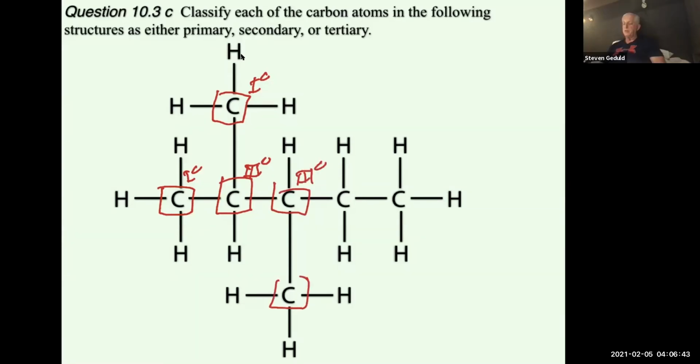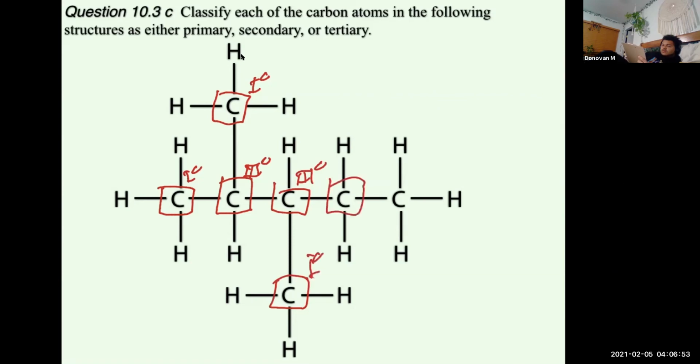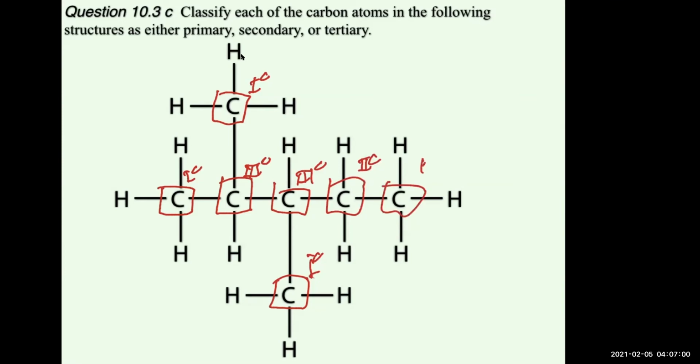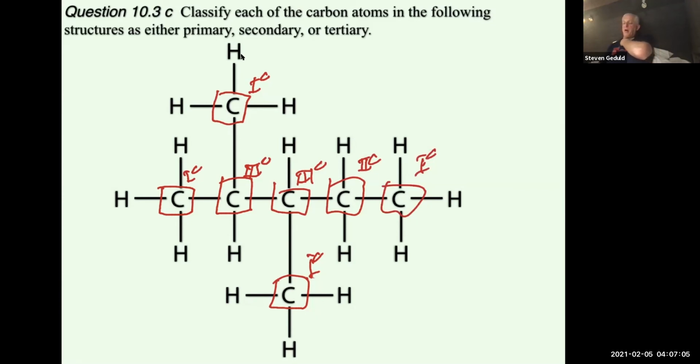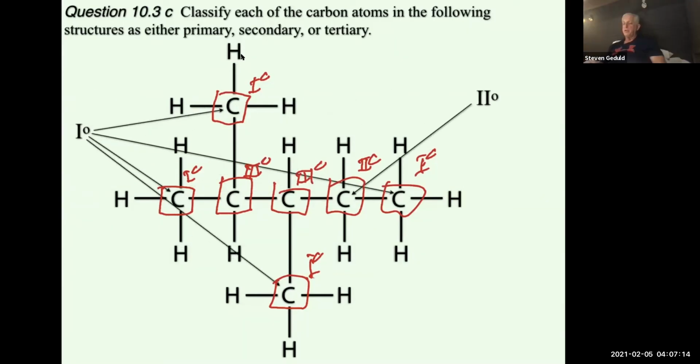This one here, primary. This one here, secondary. And one more, primary. So the question would be, how many secondary carbons does this compound have? You would select the answer 1. So there's your primary carbons, there's your secondary carbon, and there's your tertiary carbons.